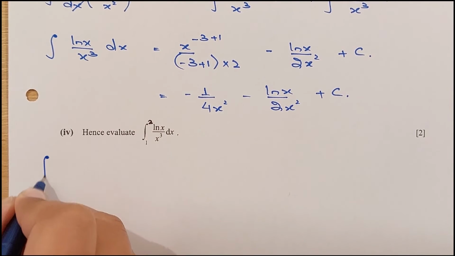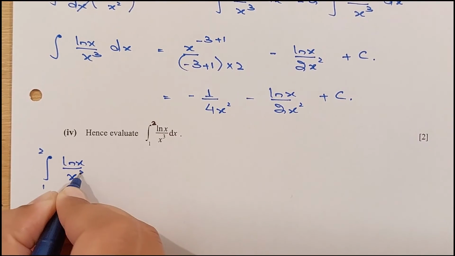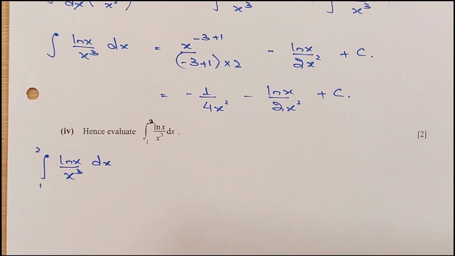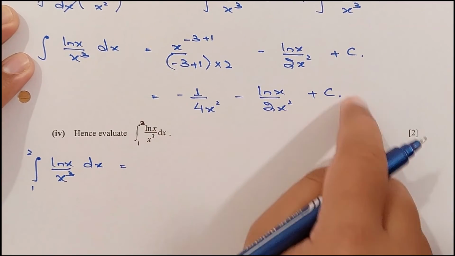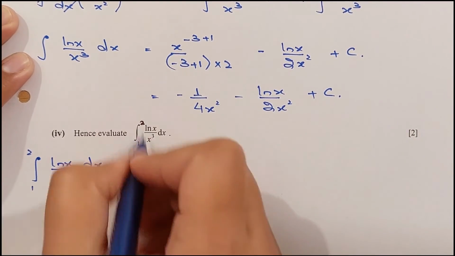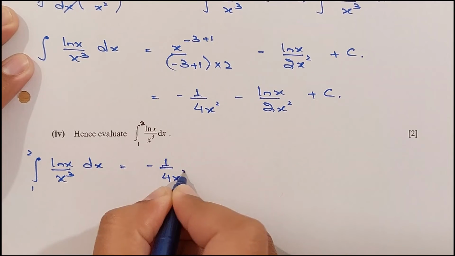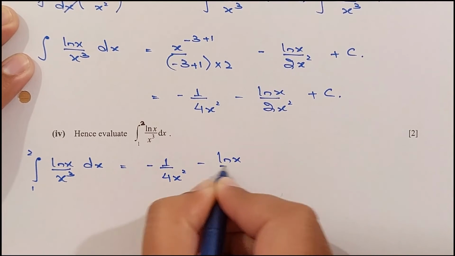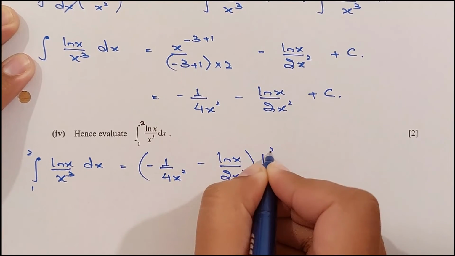So the integration from 1 to 2 of ln x over x cubed dx is these two answers, and we are not considering the constant of integration because it is a definite integral. So minus 1 by 4x squared minus ln of x over 2x squared from 1 to 2, right?